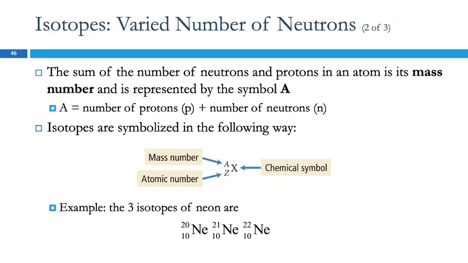And so this is the sum of the massive particles, the protons and the neutrons. So that's the mass number, and that confusingly has the symbol A. So that's protons plus neutrons. And then down here we have the atomic number, which is not A, it's Z, and that is the number of protons. So 3 isotopes of neon can be written like this.